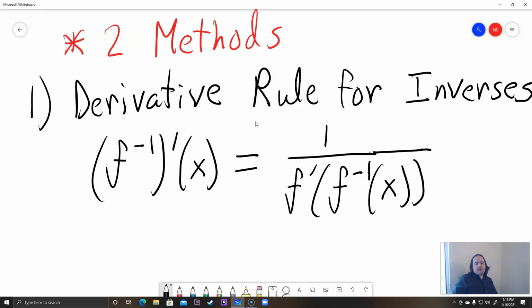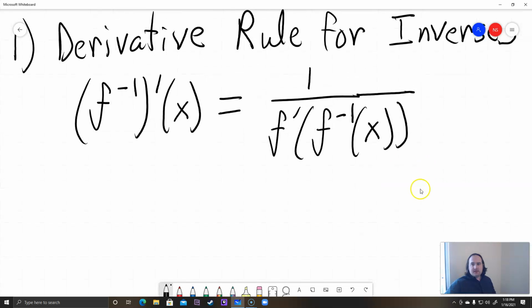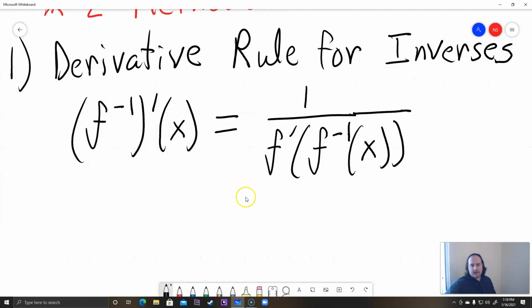So the idea, if you did want to use this derivative rule for inverses, is you have to first find f inverse of x, then you have to find f prime, and then you have to plug in f inverse into f prime, into the derivative, and then you take the reciprocal. So reciprocal 1 over just means you flip the fraction over.